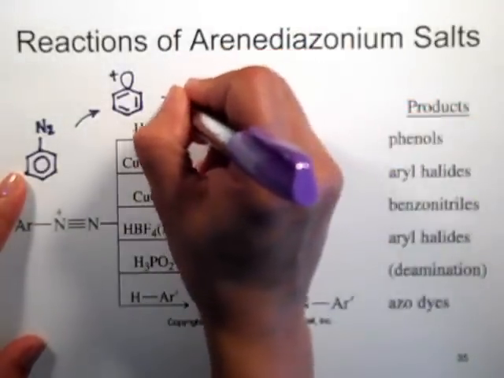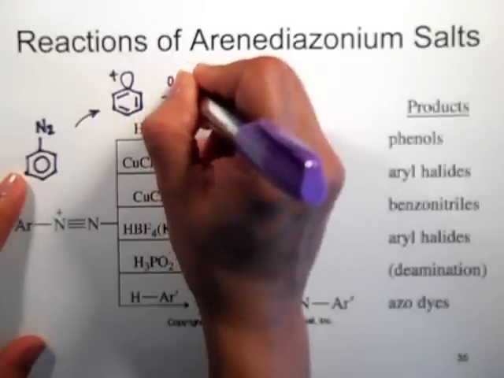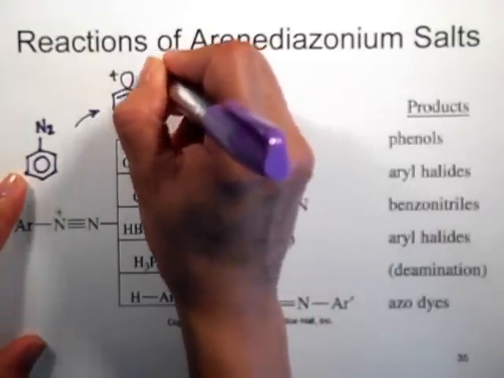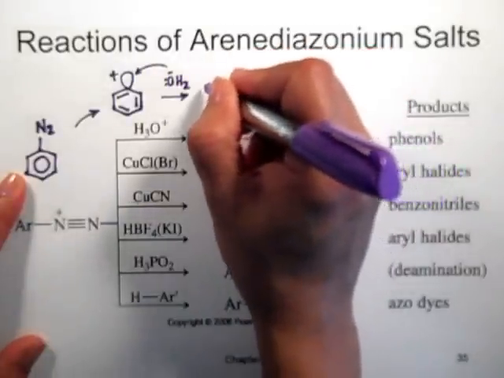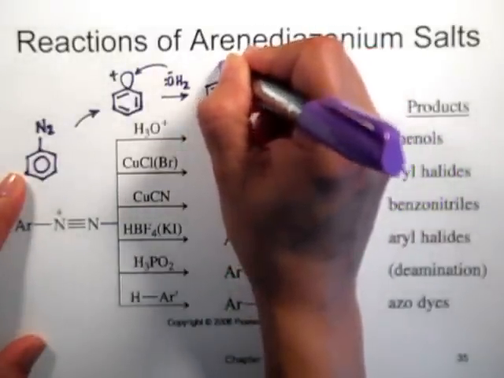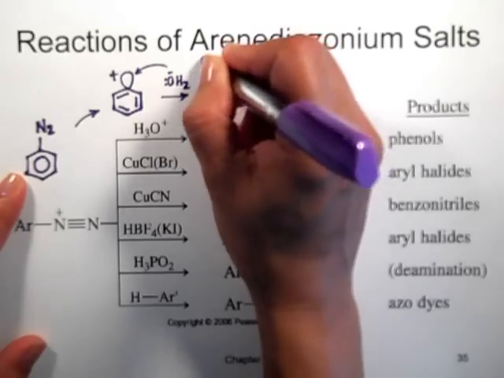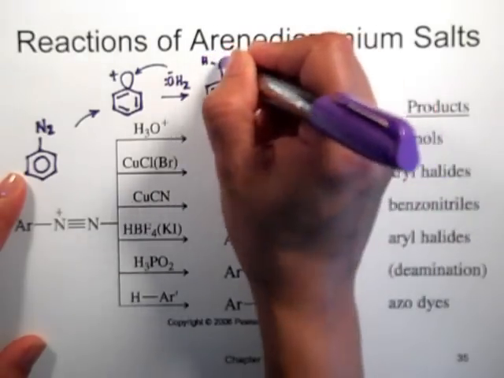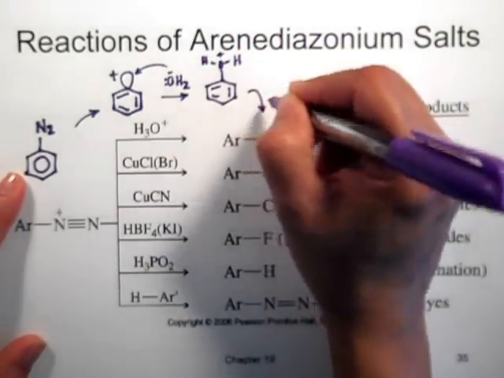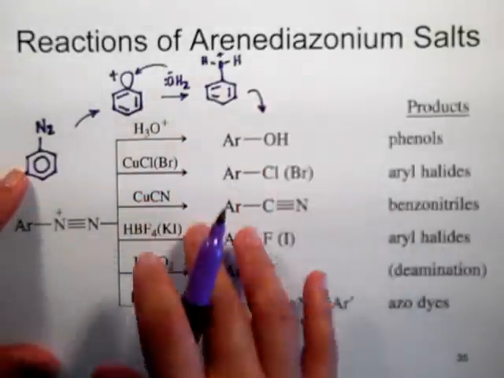And I have water in solution, so the water would attack. I'm going to put H2O backwards. And then you deprotonate it, and you get the hydroxide after you deprotonate with more water. There's water in solution, deprotonated.